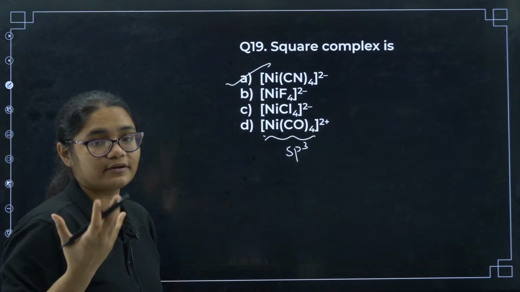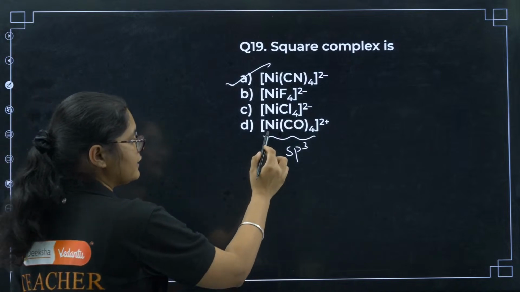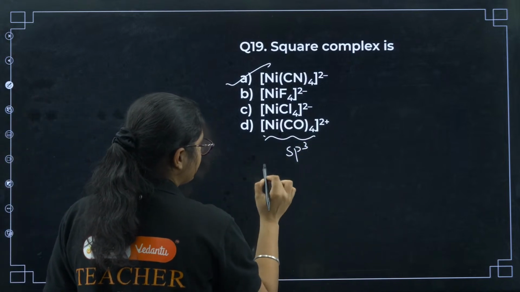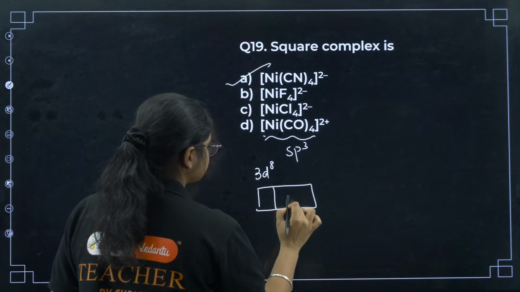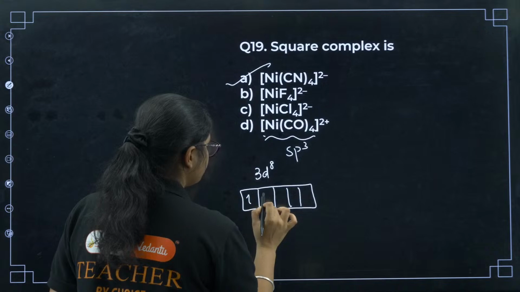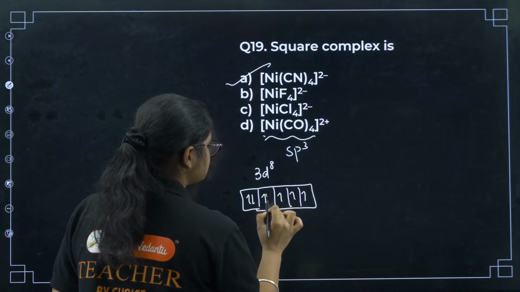I told you generally, but here nickel is having a 3d8 configuration, right? So I have here 1, 2, 3, 4, 5, 6, 7, 8.